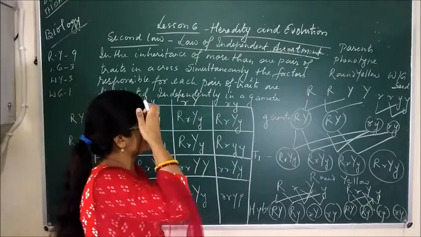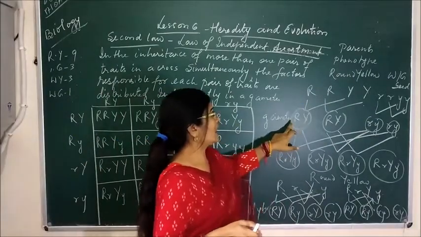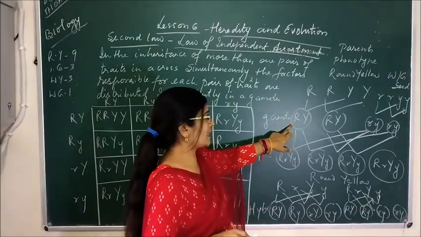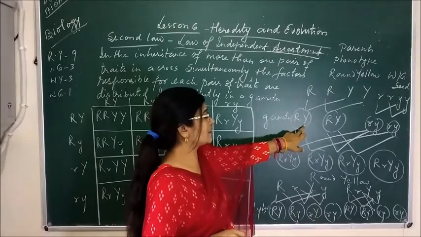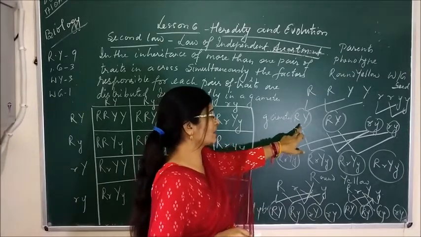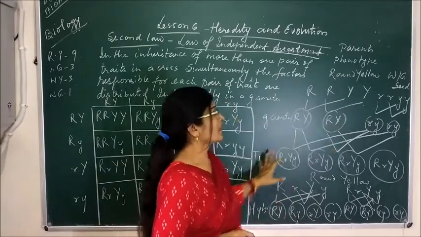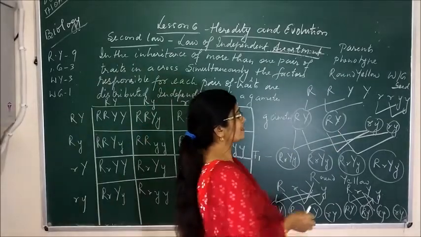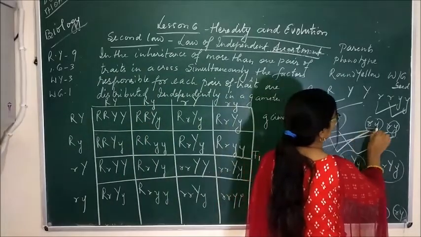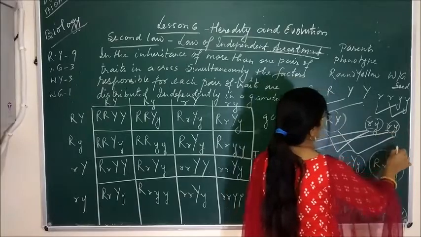So the gametes produced by round yellow were RY, RY, and for wrinkled green seeds, the gametes produced were small ry and small ry.